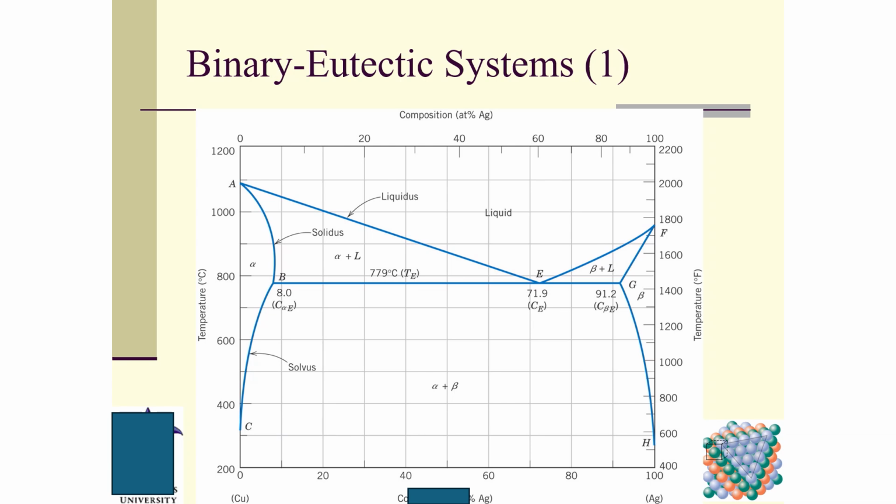And this is a B point here, and within this area, we have two phases. One is alpha, a solid. L is the liquid. And at point E here, this is the liquid above E, and below E it is two solid phases, and they are solid solutions. And on this extreme, we have beta.